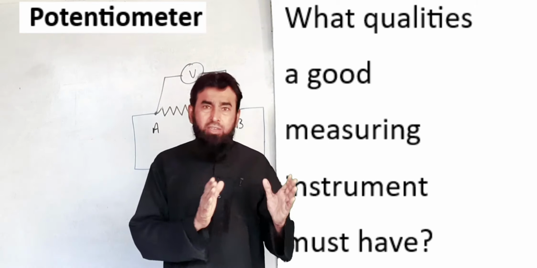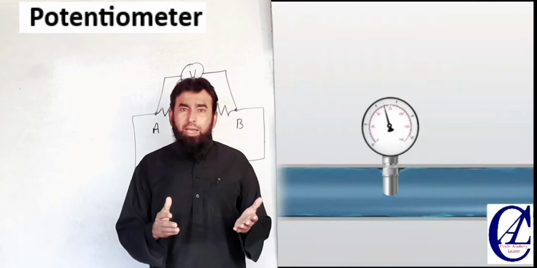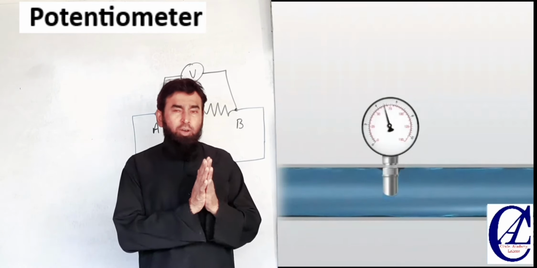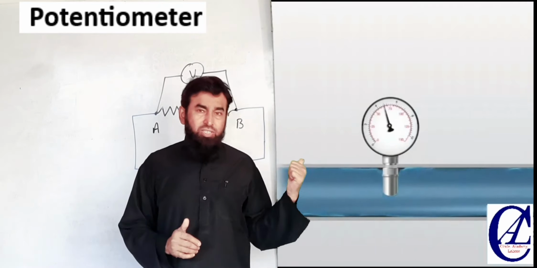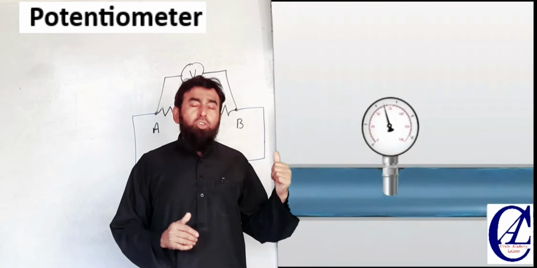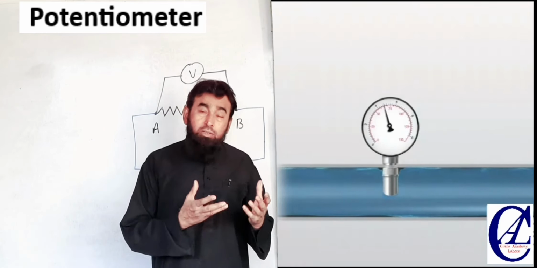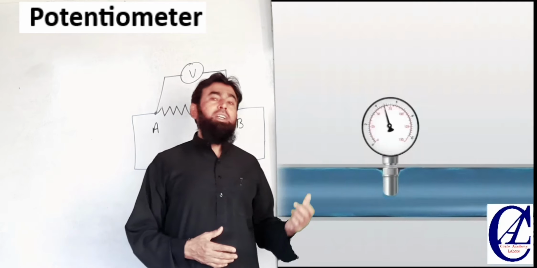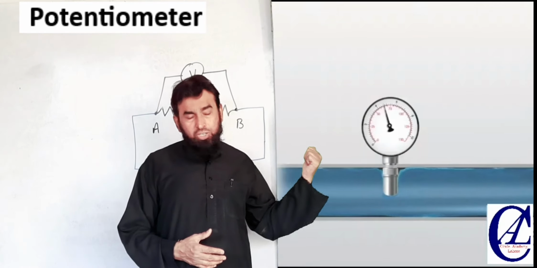For example, if I ask you to find the speed of the water in a pipe, you will insert an instrument in the water pipe to find the speed. But when you apply this instrument in the way of the water, some speed of the water will be disturbed. So you will not be able to find the correct speed of water due to the disturbance caused by the instrument.